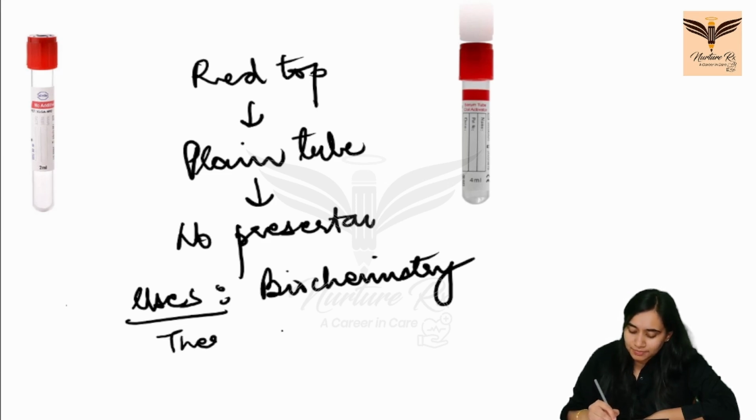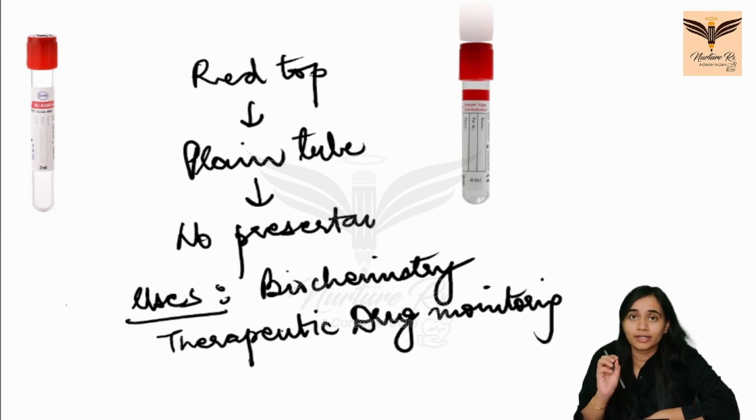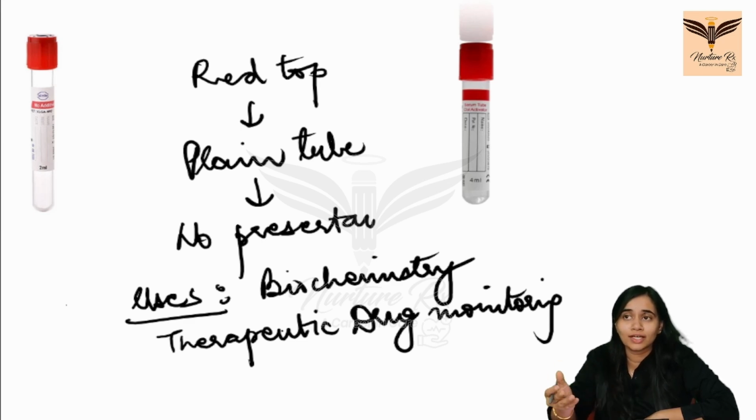Therapeutic drug monitoring. What does that mean? There are certain drugs that require monitoring, their dose monitoring is required. So whenever you have to find out what levels they are at in the circulation of the patient, you need to take the sample in this tube and then send it to your biochemistry lab.